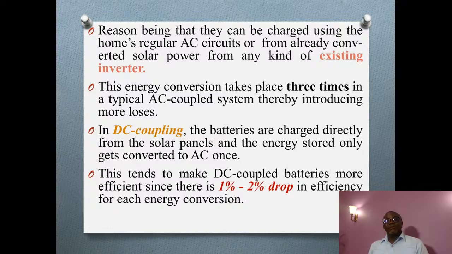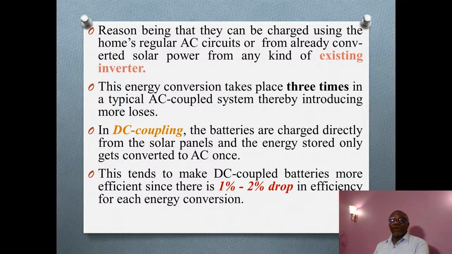This energy conversion from your AC to another AC takes place 3 times in a typical AC coupled system, thereby introducing more losses. But in DC coupling, the batteries are charged directly from the solar panels and energy stored only gets converted to AC once.